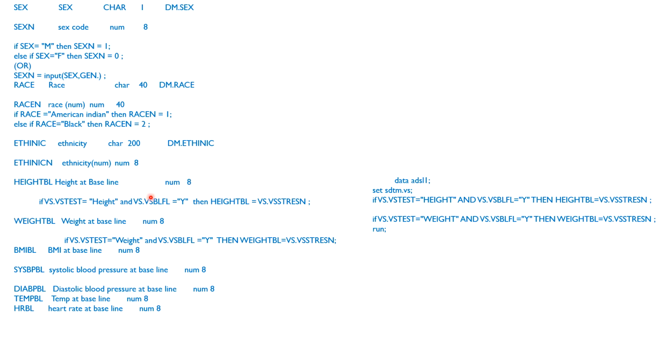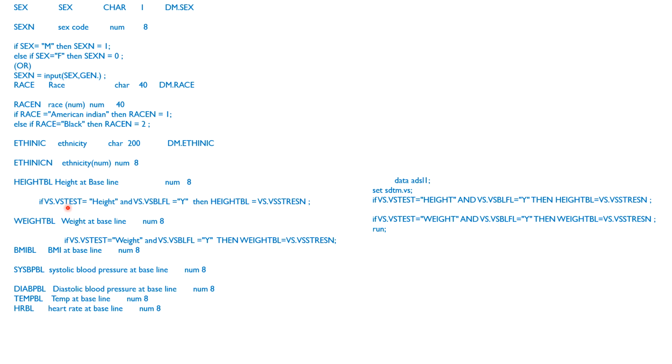Okay. So here height baseline flag, weight baseline flag, BMI baseline flag, systolic blood pressure baseline flag, diastolic blood pressure baseline flag, temperature baseline flag, heart rate baseline flag. These are the baseline flags. How are we going to derive them from the VS domain in ADSL, right?